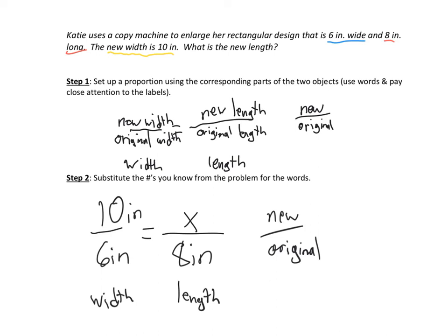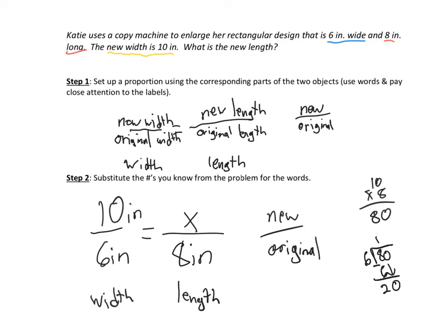Now, the last step is just to cross multiply and divide. So we do 8 times 10, cross multiply here. Just 80. Now we have to divide by 6. So we go top in, bottom out. 6 goes into 8 once, that's 6.